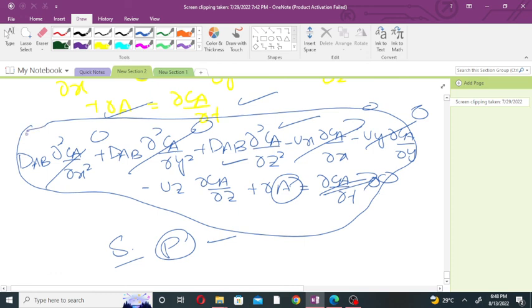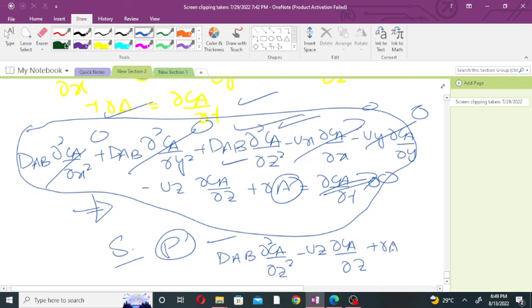We can further simplify this equation by using the boundary condition. If the flow is only in the z direction, then this whole equation will be written as DAB d square CA by dz square minus uz dCA by dz plus RA equals dCA by dt.